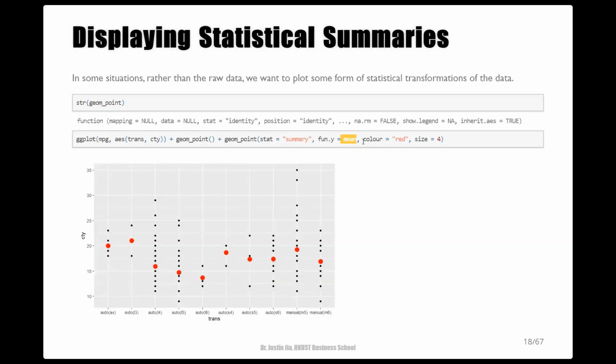Lastly, I set the color and size aesthetics to constants so as to give these points a different style. As a result, we have a new set of points overlaid on top of the original set of points, denoting the average heights across these 9 occasions.